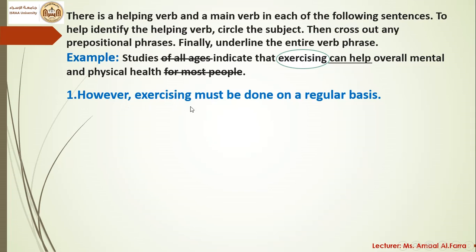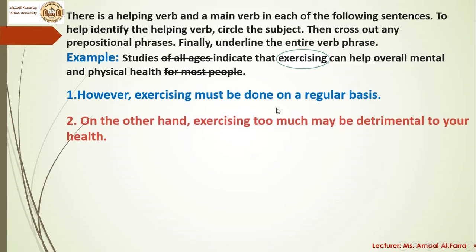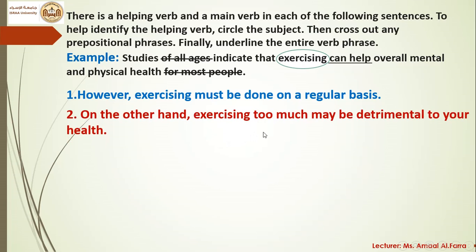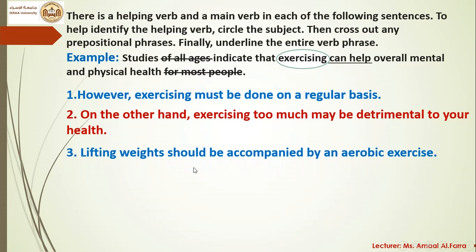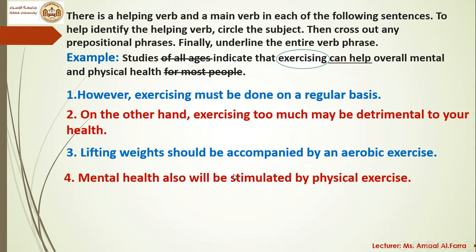Number 1, however, exercising must be done on a regular basis. 2, on the other hand, exercising too much may be detrimental to your health. Number 3, lifting weights should be accompanied by anaerobic exercises. Number 4, mental health also will be stimulated by physical exercise.